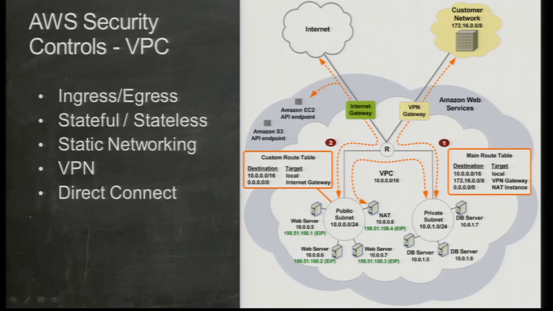So for one channel of traffic, say for example updating Windows, you may not want to allow those private servers to reach back out over the VPN gateway, back to your data center, and out to the internet to get updates, because you want to control updates, mitigate cost, and have the ability to manage the update cycle. You want to do that with WSUS. So you actually want to route from your private subnet over to a public subnet where a WSUS server is running. I'll go back to the picture of that, which is here.